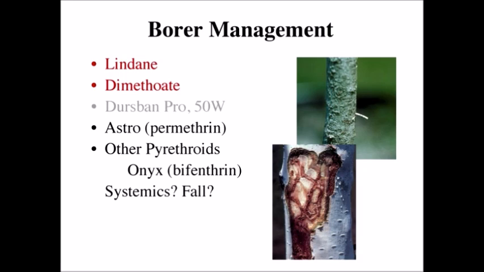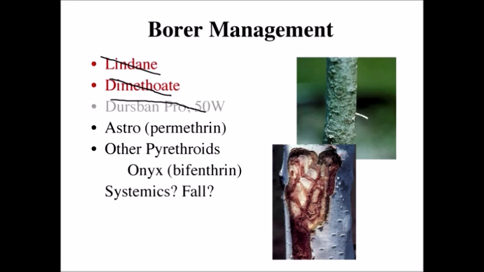So I touched on this borer management, or lack of it, a little bit earlier. In the past we used lindane, and that's gone. Dimethoate, that's gone. Dursban, there are only a few instances where Dursban can still be used as a bark spray, and your yard and residence are not part of it, so you might as well forget that.